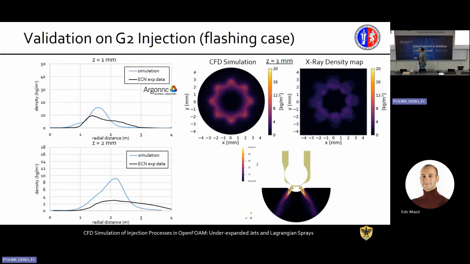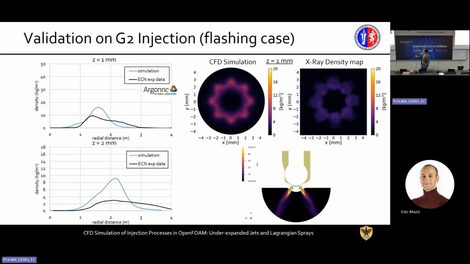And as you can see, with, let me say, a quite small computational effort, we obtain improved results in terms of density maps comparison. This is the X-ray density map.